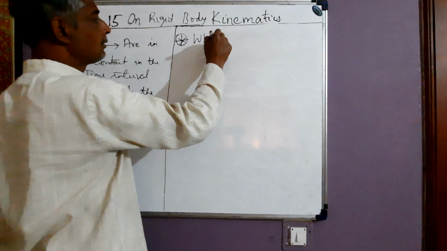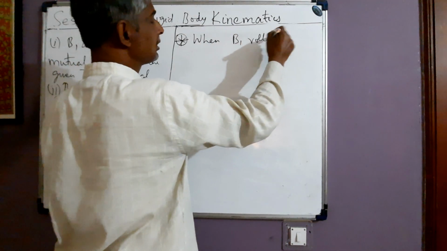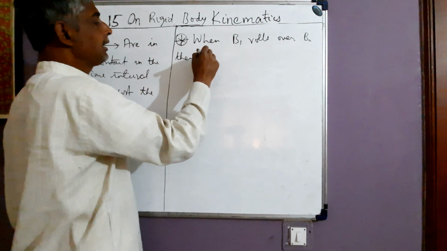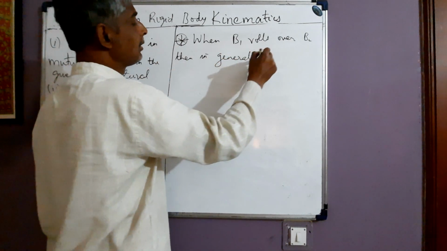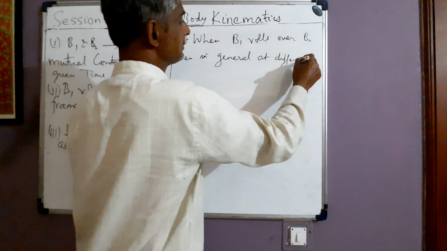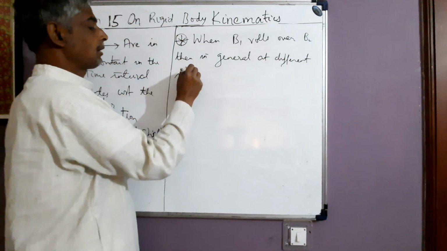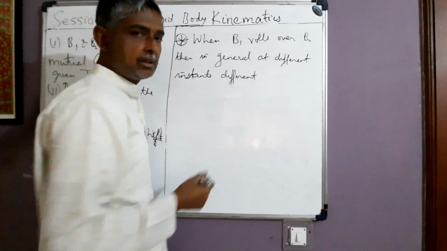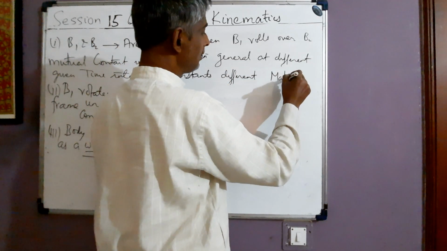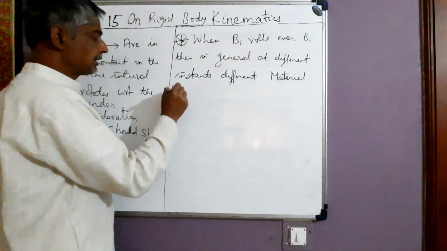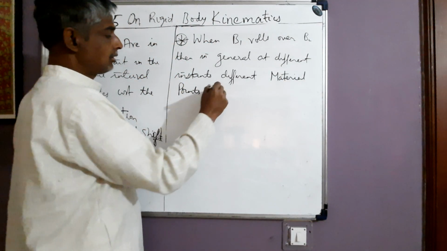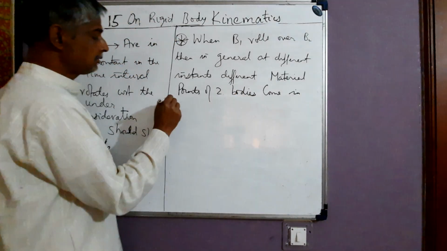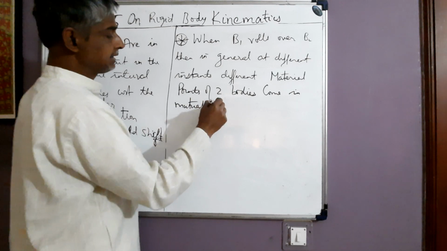So when B1 rolls over B2, then in general at different instants, different material points of two bodies come in mutual contact.